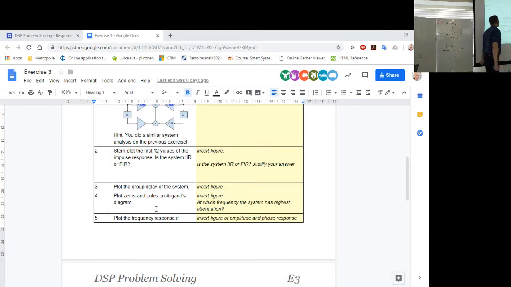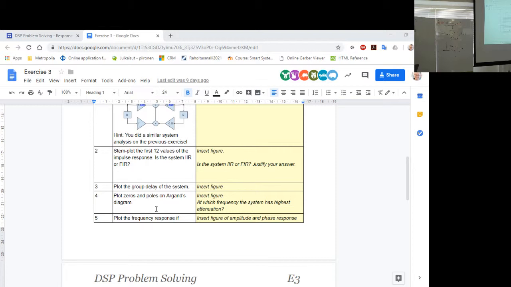We have the system coefficients, so now we can calculate the group delay also, meaning the derivative of the phase shift. We can calculate this separately. As long as we have the system coefficients, we can calculate all sorts of stuff.